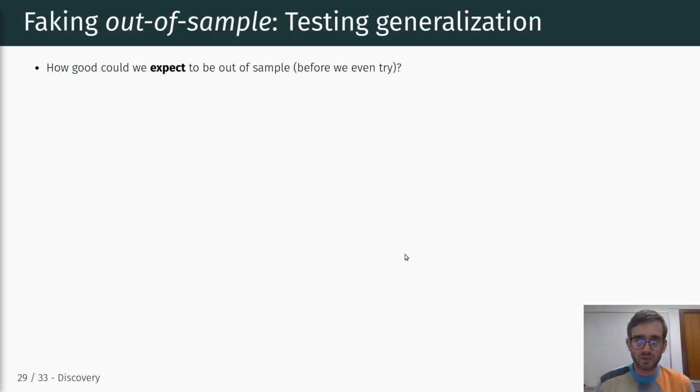One important standard to assess out-of-sample predictability and quality of predictions is to have an accurate baseline. Even if you didn't have a model whatsoever, how good would you expect to be just randomly guessing, for example?